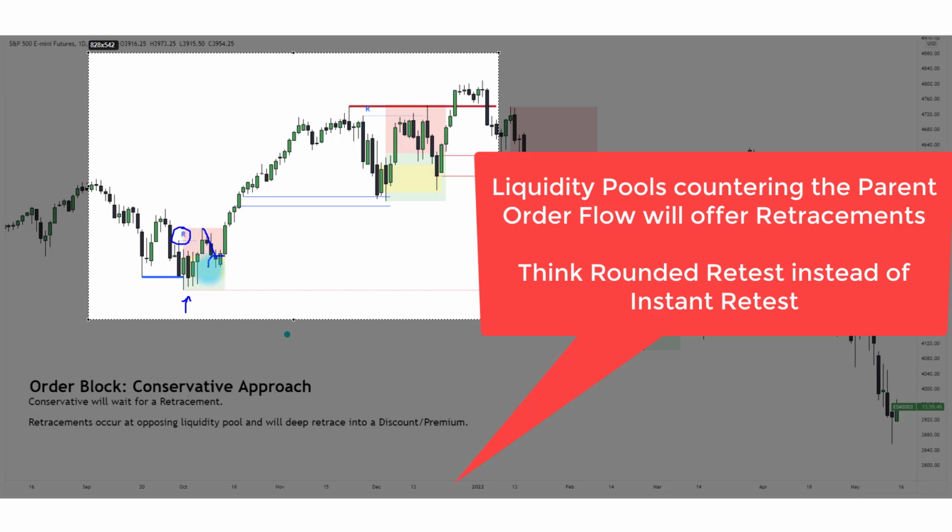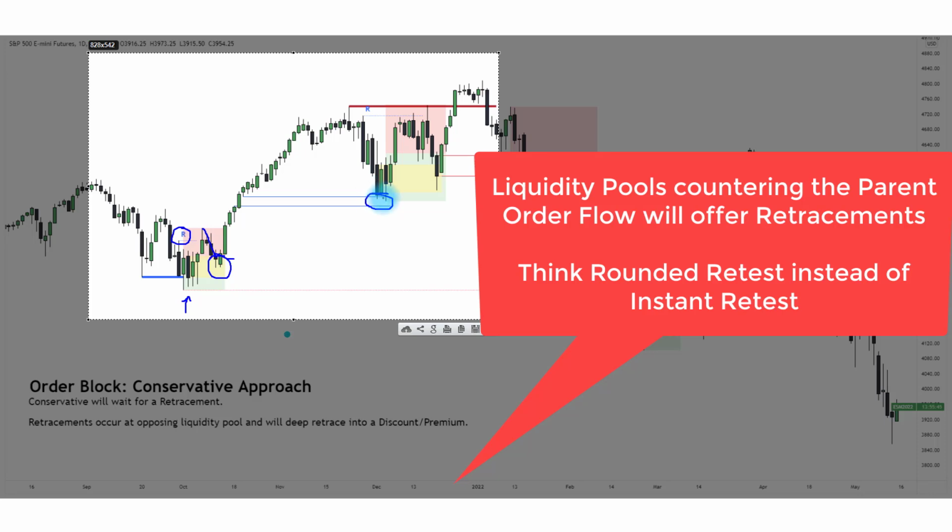And then we're looking for a retracement into the last down candle in a discounted price. Okay, here's another example. Price trades back to fair market value, remember, and order blocks will start to resume again.